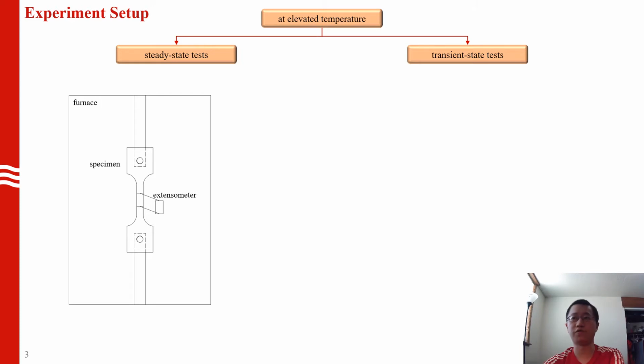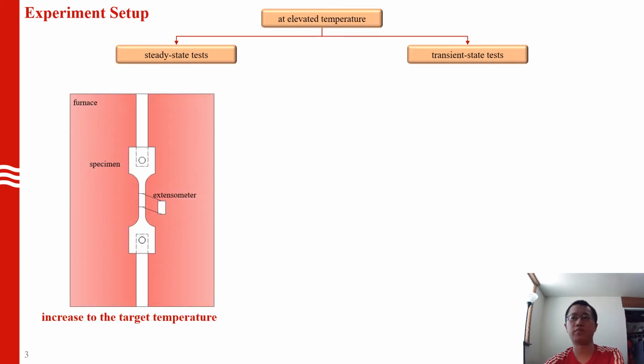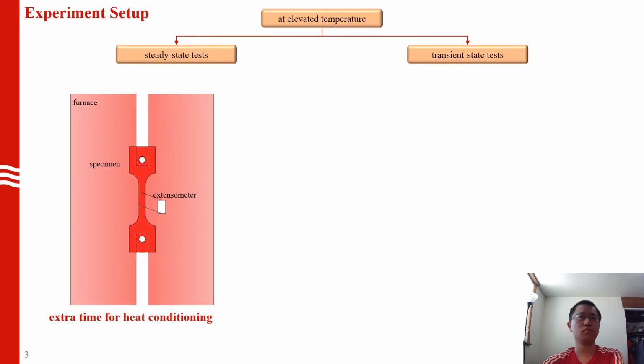Each specimen was first placed in the furnace, and the temperature in the furnace was raised to the target temperature. We wait until the selected elevated temperature is evenly distributed inside the specimen, which is monitored by pairs of thermocouples in direct contact with the specimen. Then we conduct our tensile test until the specimen fractures.